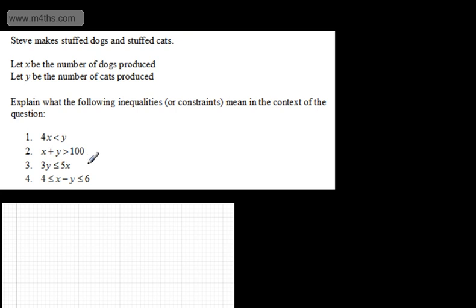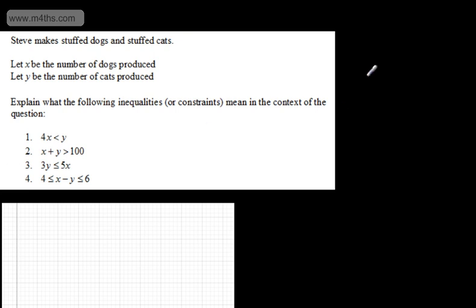We could say from this now the opposite to that statement if we really wanted. An alternative statement we could make is that the number of dogs produced must be at least 3/5 of the number of cats produced.